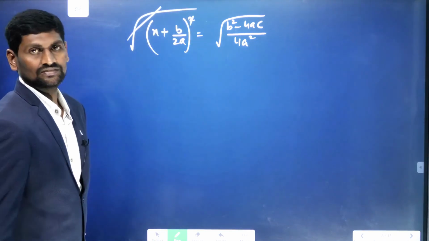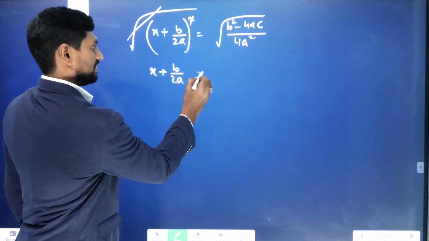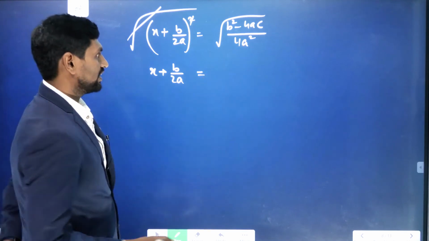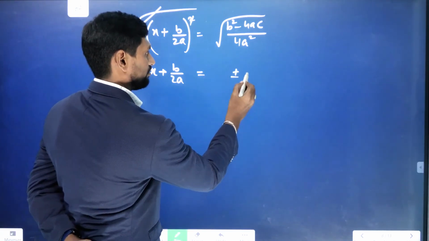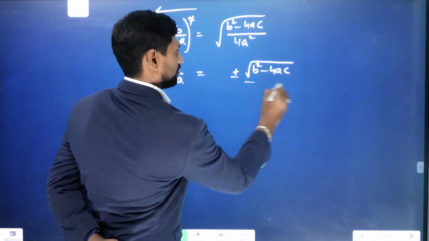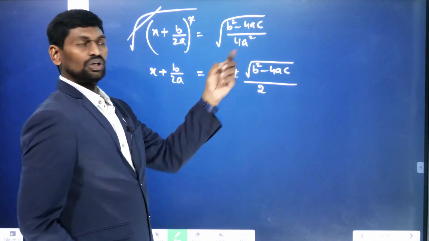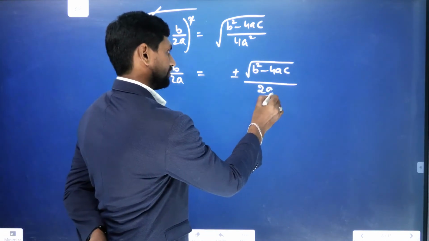Square root to cancel it. The answer is x plus b by 2a. When you apply the square root here, we'll give the plus or minus symbol. Root over b square minus 4ac by root over 4 means 2, root over a square means a.